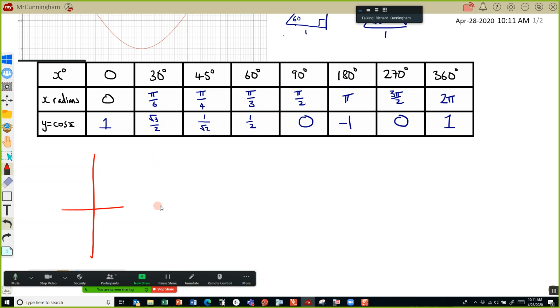By sketch, I mean it doesn't have to look pretty, but it starts at 1, it goes down, and it comes back up and finishes at 1.